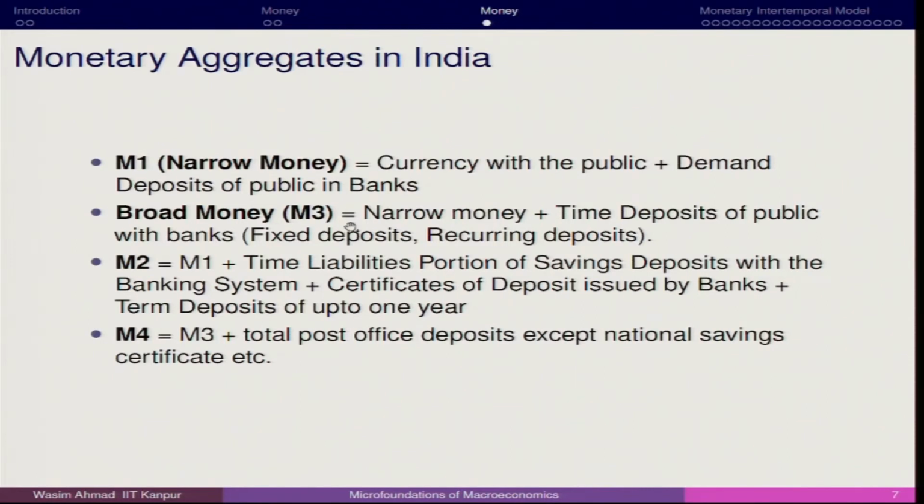Broad money has a multiplier effect, because it includes the narrow money plus the time deposits of the public with banks, fixed deposits, recurring deposits. If you have recurring deposits with the bank, this gives the bank the flexibility to keep a certain amount and lend the rest to someone else. So, you have something called credit creation.